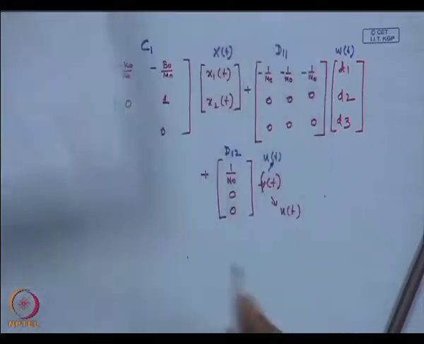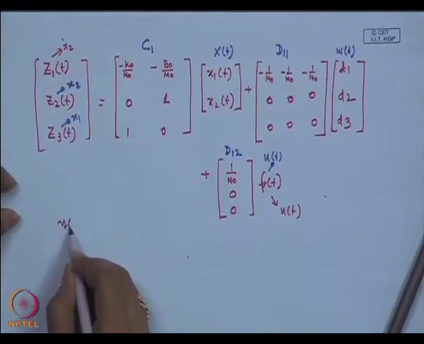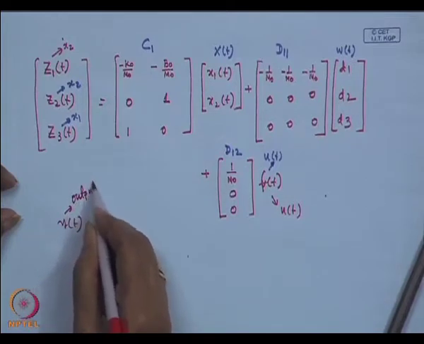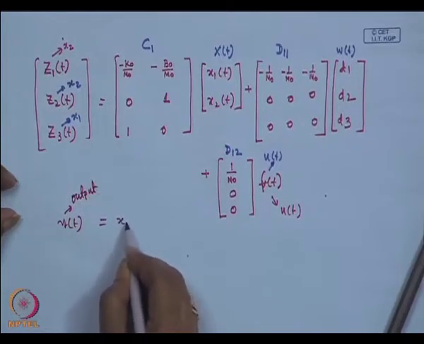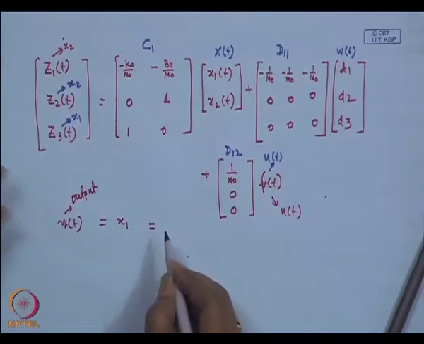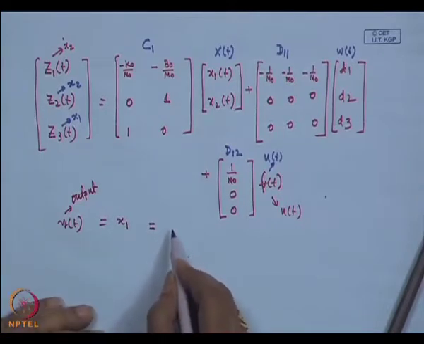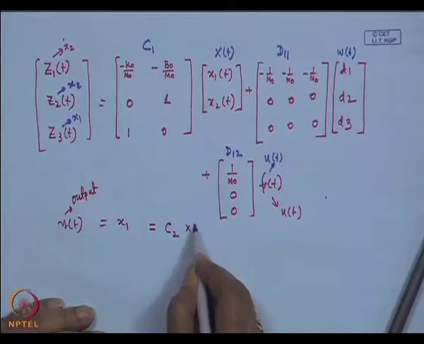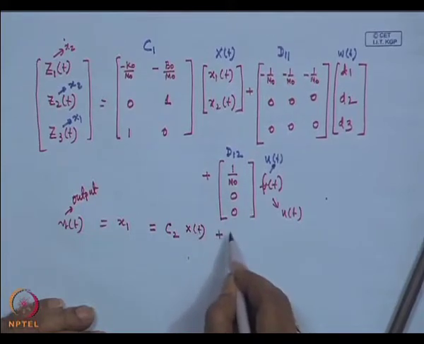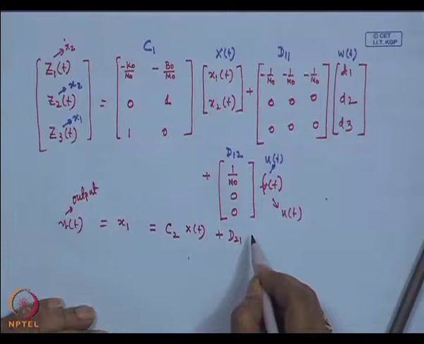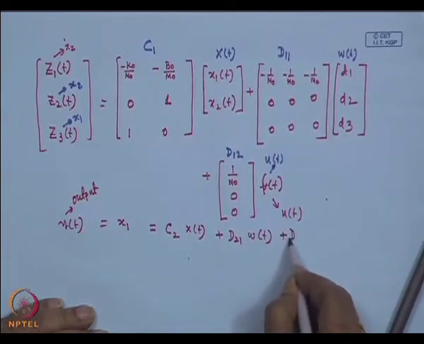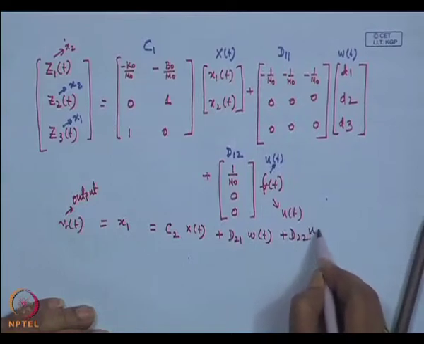If this is the output, we will write the output equation: y(t) is the output, equal to x1, which you can write as C2 x(t). In general the expression is d21 w(t) plus d22 u(t).